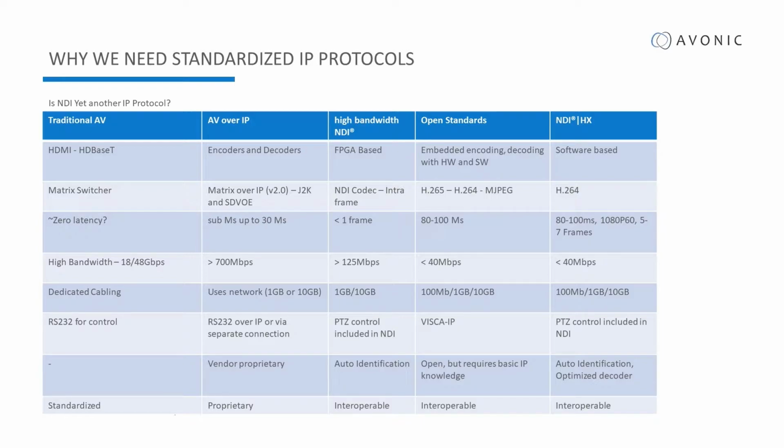You're still looking at at least 700 megabits of data, which is big and not really easy to put on the same network. It does use standard infrastructure, but because of the high bandwidth, you'll go into things like a 10 gig network pretty easily. And the control is also done over IP, but basically still RS-232 carried over IP.